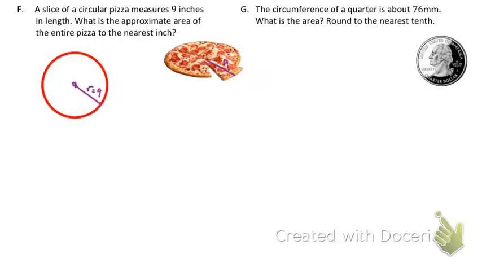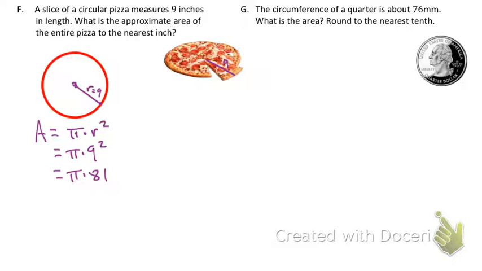So with that information, we want to find what is the area of this pizza. Okay? And we are going to approximate it. That means we're actually going to calculate it with a calculator, 3.14. So we just have to remember the formula for area is pi times r to the second, which is going to equal pi times my radius, 9 to the second, which gives me pi times 81.